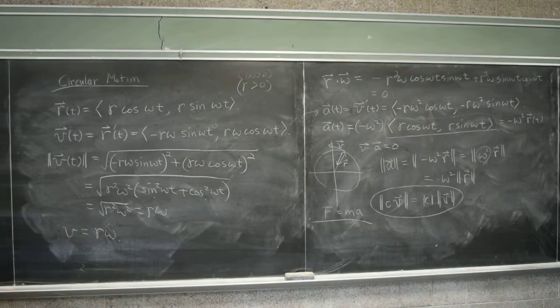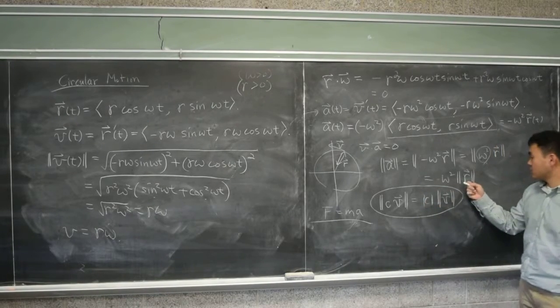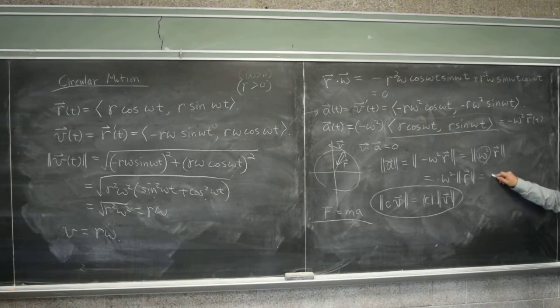And therefore, you have this. We know that the length is r, so we know that it's r omega squared. So acceleration is r omega squared.